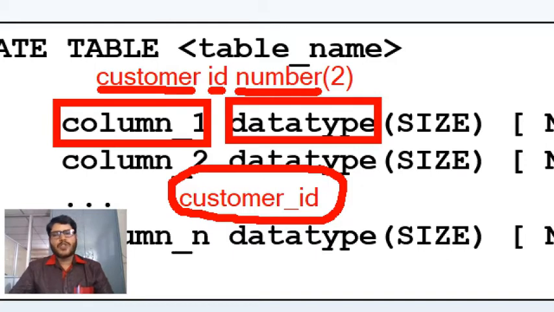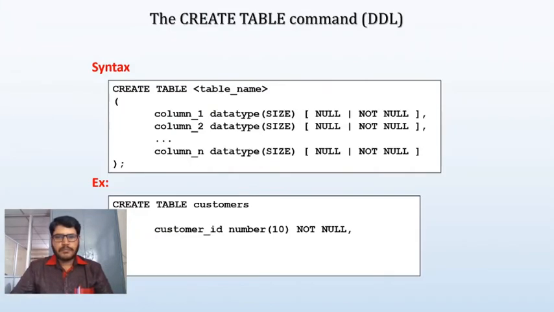Suppose I am mentioning only a single word in a column name, then there is no need to include an underscore. Okay. So if you observe here, customer is one word and ID is another word. But customer ID I want to create as a single column. So that's why I have to combine these two separate words by using an underscore here. So I'm using customer underscore ID.